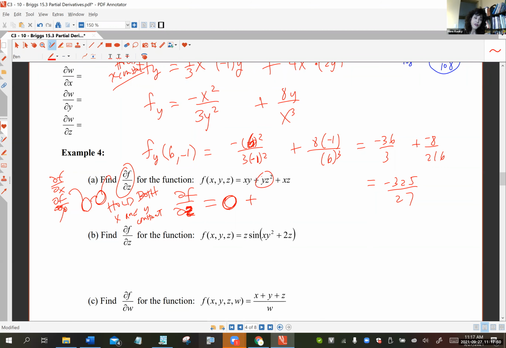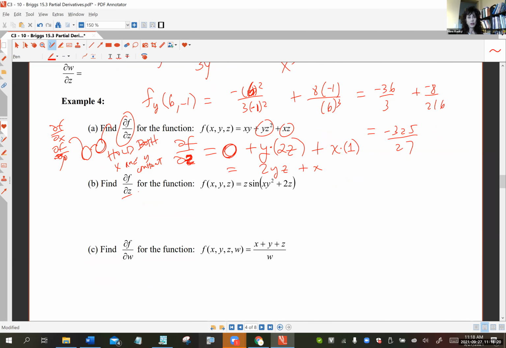Plus the derivative of y z squared. Well, y is a constant multiple. Copy it down and multiply that by the derivative of z squared with respect to z, which is 2z, plus the derivative of xz with respect to z. That's x times the derivative of z with respect to z, which is just 1. So if I clean this up a little bit, it's 2yz plus x, and I'm done. That's the derivative with respect to z.